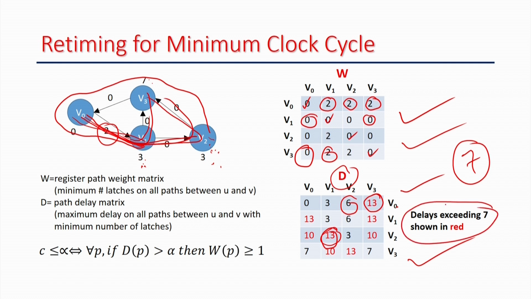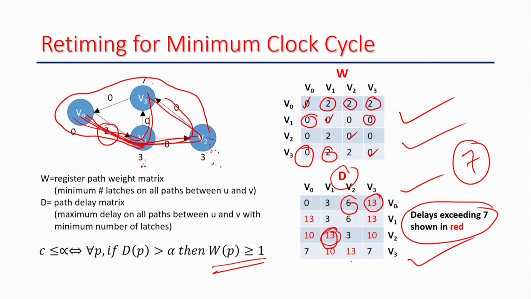All the nodes that are red here are the combinational paths which do not satisfy it, they have a delay of more than 7. So, they are actually critical paths, because our target clock period is 7 and what we are getting here is 13, 10, those values, right. Those are the critical paths, because they are not satisfying our target clock period.